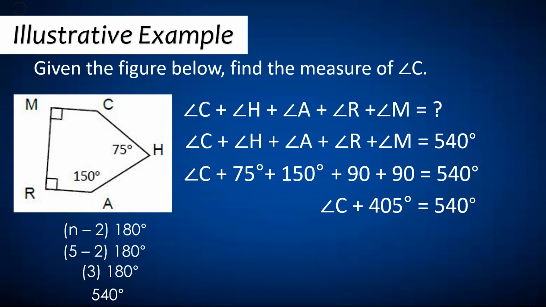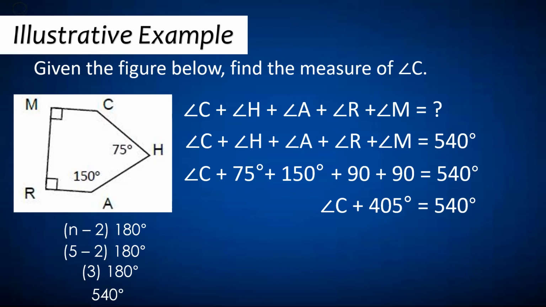And then C, we just bring down. 540, the same. Next, for our given equation, you can use SPE or the subtraction property of equality, where you subtract a certain number from both sides so that one side has the number removed or equals zero, leaving what we are looking for. So, we can subtract 405 from both sides to make it zero, leaving angle C plus 0, or just angle C.